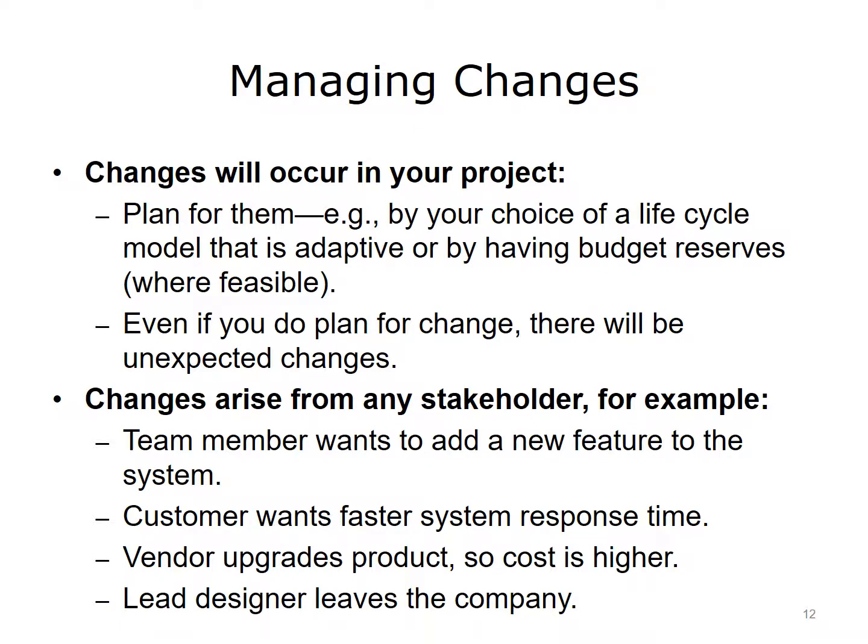Choosing an adaptive, iterative, or agile model can allow for greater flexibility than a linear project model. Or you can try to set aside budget reserves or pad your schedule with float days to cushion the effects of delays. When change affects your product, perhaps through a new feature to the system, however, you need to have established change request processes in place.